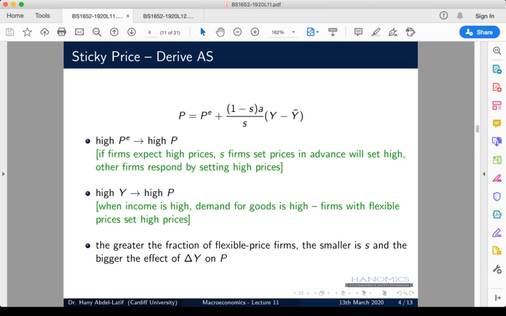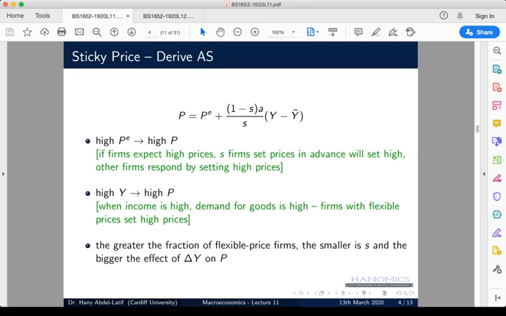High expected prices lead to high prices. High output leads to also higher prices. And we explained that the greater the fraction of the flexible price firms, which means 1 minus S, and the smaller S, the bigger the effect of the changes in output will be on the price level.